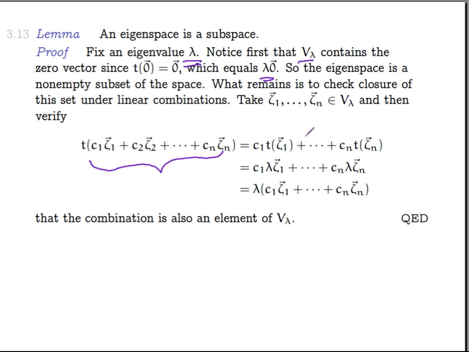And then we can factor out the lambda, which is common to all of them, and we can see now that T applied to this vector will give us the eigenvalue lambda times the same vector. Okay, so in fact, this linear combination of vectors is itself an eigenvector. And that means that it's in the space of all eigenvectors corresponding to the eigenvalue lambda. So in fact, the eigenspace is a subspace.